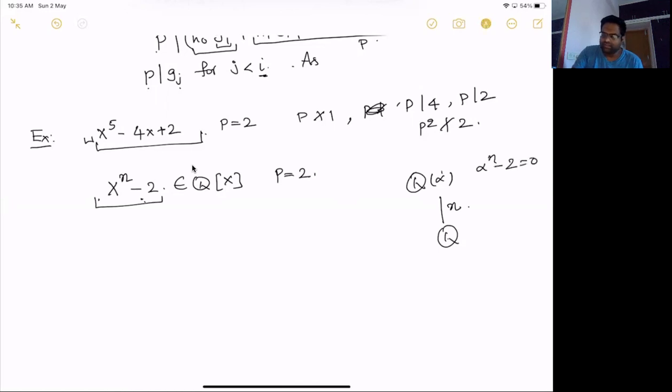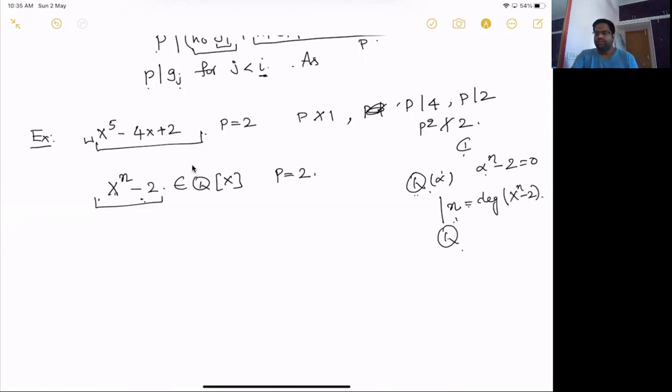This always has a root in C, so if you take one root, let us say alpha, then Q(alpha) would be an extension of Q of degree n. And the degree is the degree of the minimal polynomial, which in this case is x to the power of n minus 2.